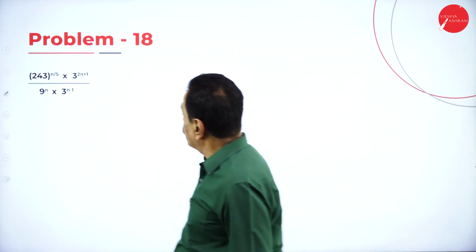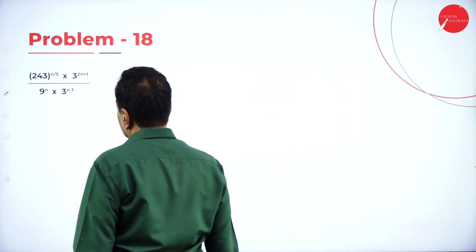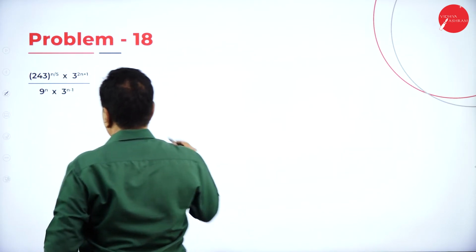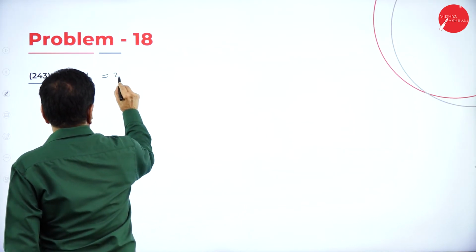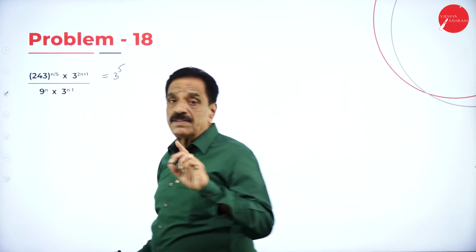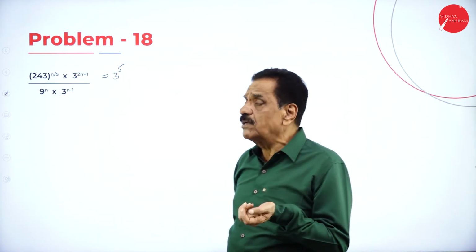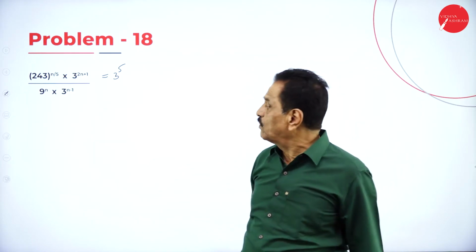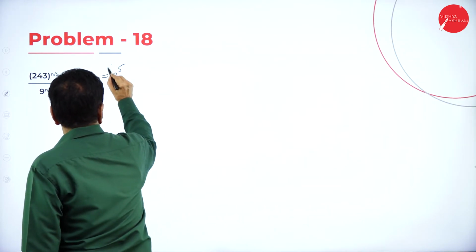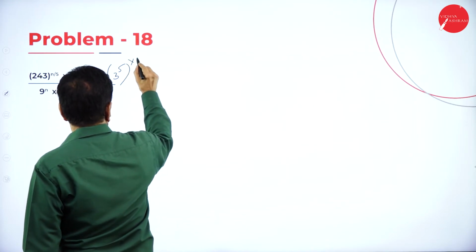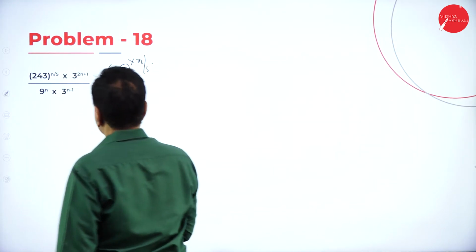243 to the power of n divided by 5. So 243 can be written as 3 to the power of 5. 3 3s are 9, 9 3s are 27, 27 into 3 is 81, 81 into 3 is 243. 3 to the power of 4n divided by 5.